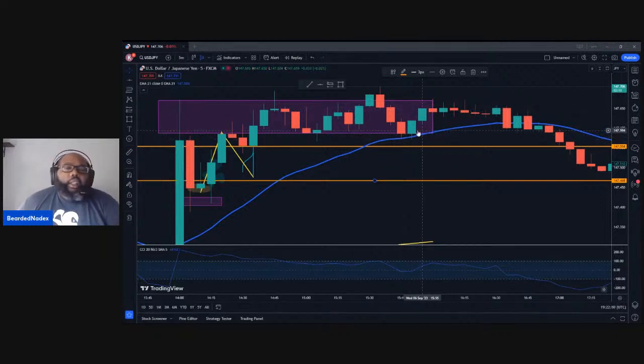Get back here. Same situation. This is even better than the previous one. Why? Because we got our 21-day EMA giving us support, and we know that gives us support too, right? So if we coming down here, it's going to test one touch, two touch. They open at the same price. This closes at this price. This opens at the same price.